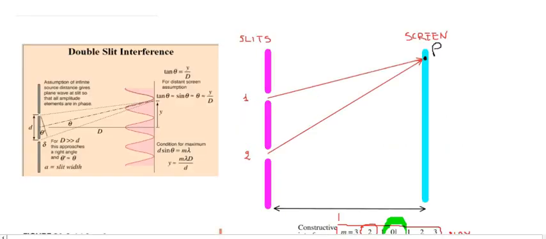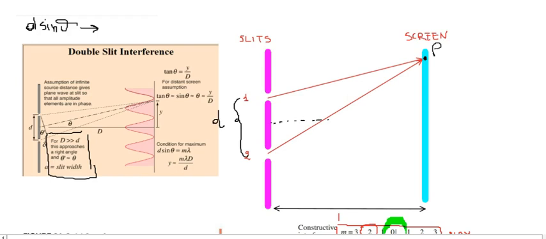Sometimes the part of the equation that is written as d sine theta takes another format, when you imagine that the screen is very far away with respect to the distance between the two slits. In this case, you want to build the line that is hitting the central maximum.